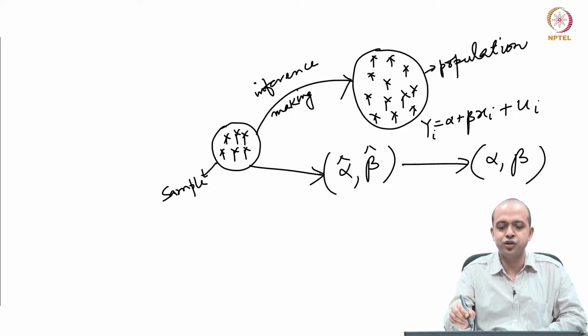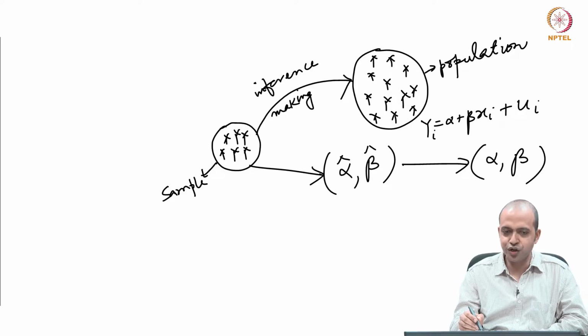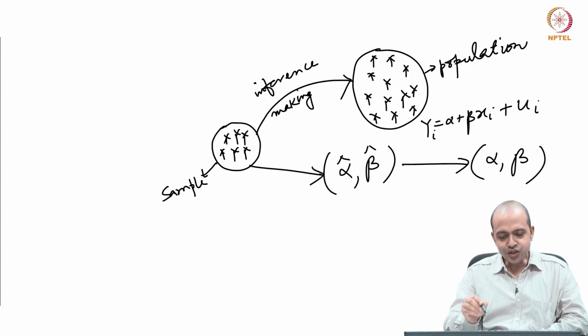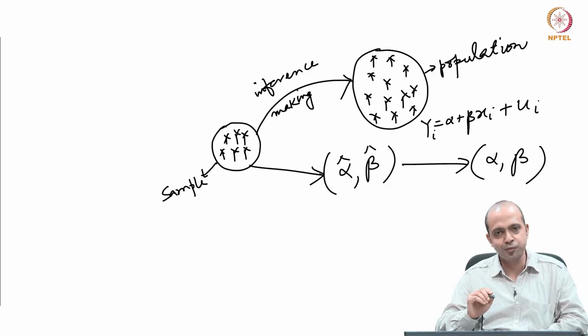We have a population, we collect a sample, and then we estimate the econometric model using econometric tools. How you will estimate that, I will explain in a later part of our discussion. Once you estimate, you will get alpha hat and beta hat. They are the sample counterparts of the true population parameters.